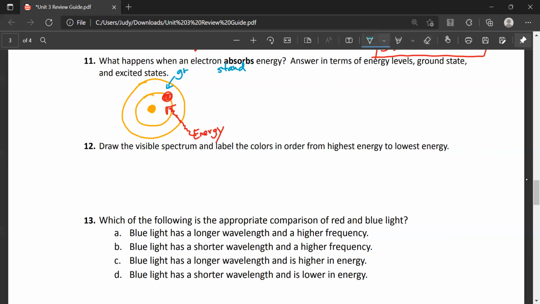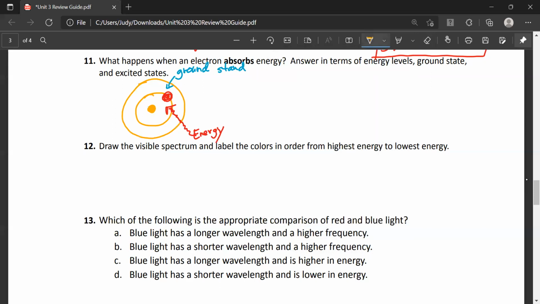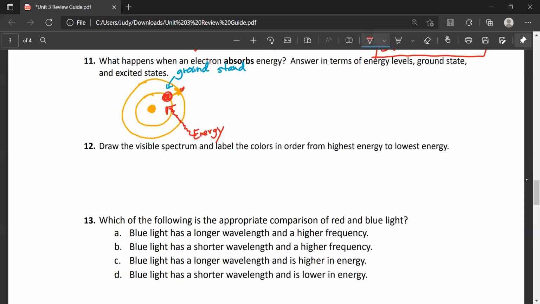Okay, let me just rewrite that down. Next, what's going to happen is that this is actually going to transfer up once it receives the energy.